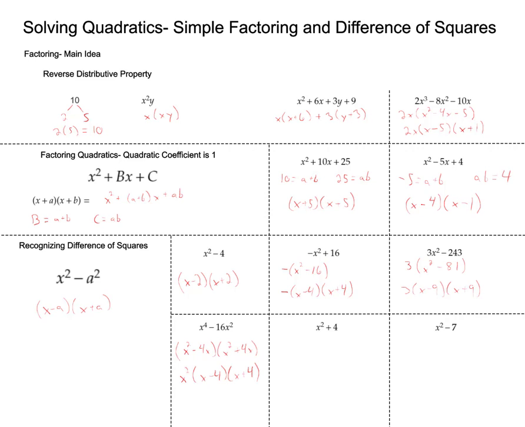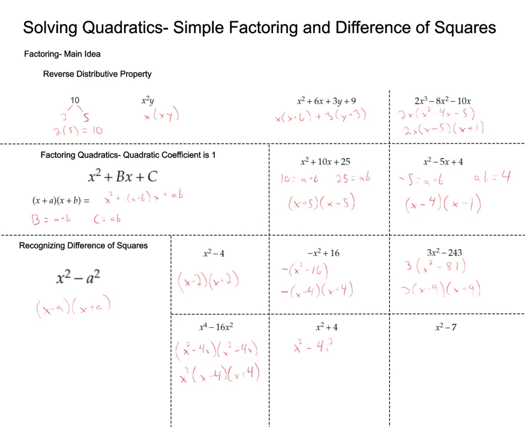Well, you never know when the ACT is going to make use of imaginary numbers, or i. So if you rewrite this, you can rewrite x squared plus 4 as x squared minus 4i squared.